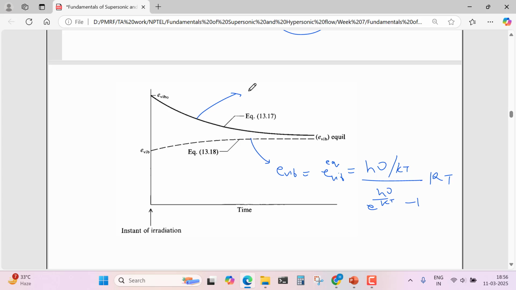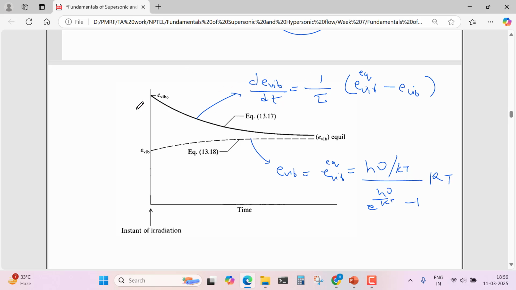And for this plot it will be dE by dt, for non-equilibrium, equal to 1 upon tau times (E vibrational equilibrium minus E vibrational). This is for vibrational non-equilibrium.